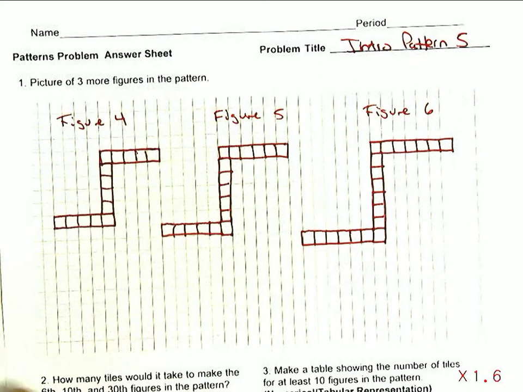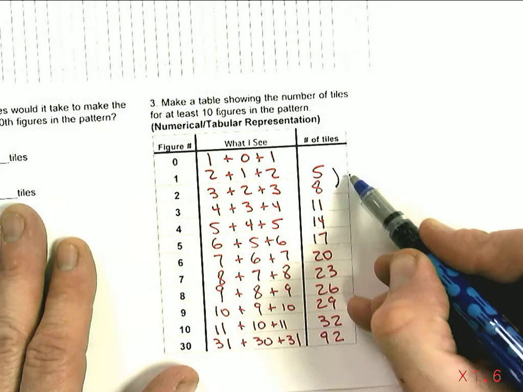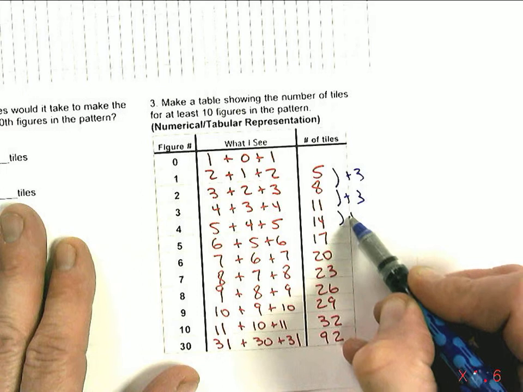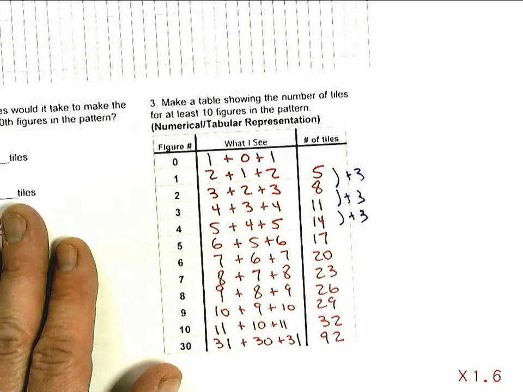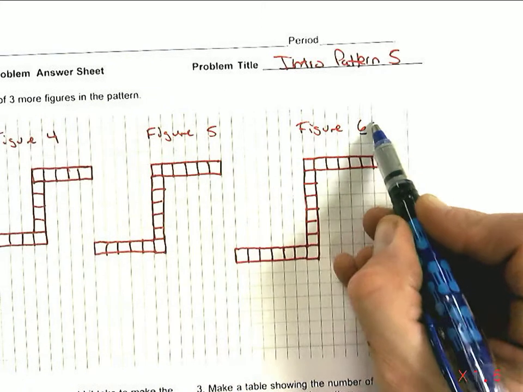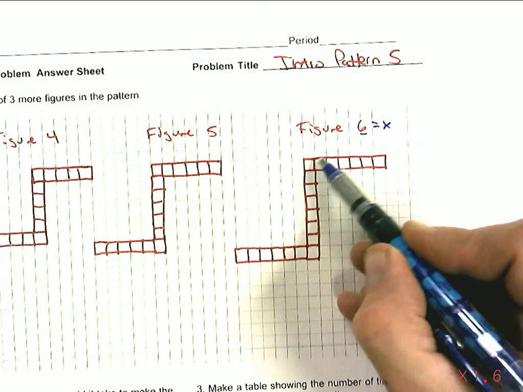As soon as I look at this pattern, if all I can do is figure out how it changes from one to the next, that helps. So here's my table. So I can see it goes up by 3, up by 3. So immediately I know my equation is going to have 3 parts, or 3 x's. So I go back here and say, well, let's see, figure number 6, if x is 6, 1, 2, 3, 4, 5, 6, there's an x.